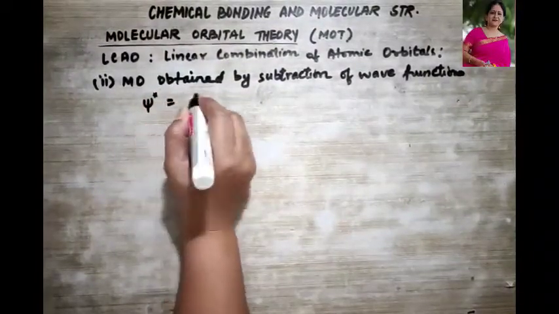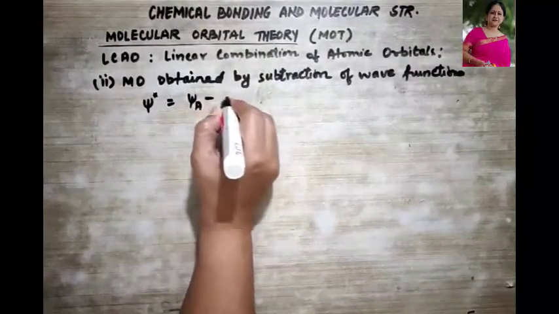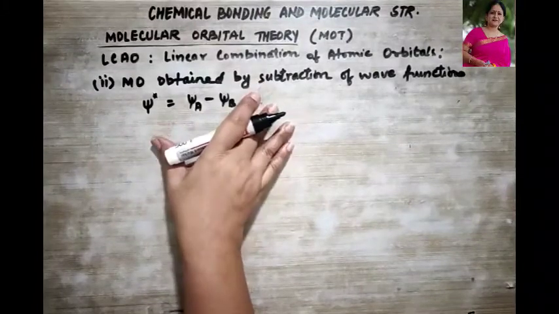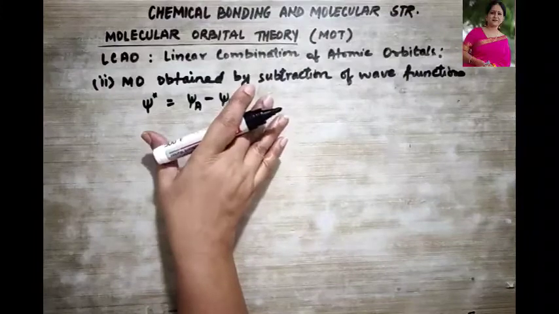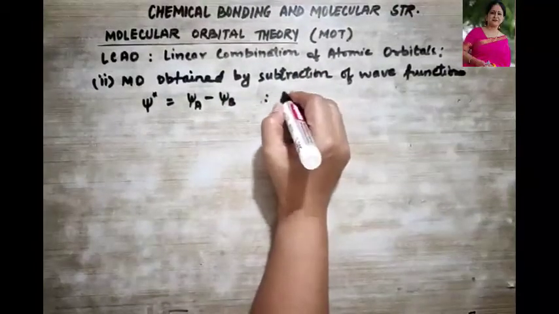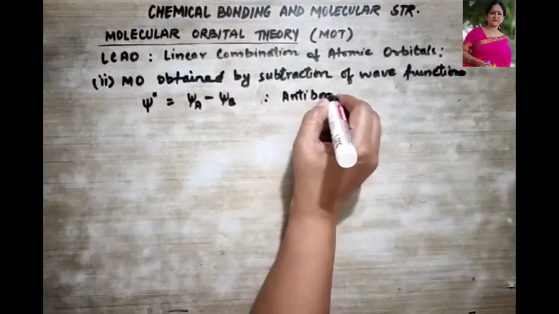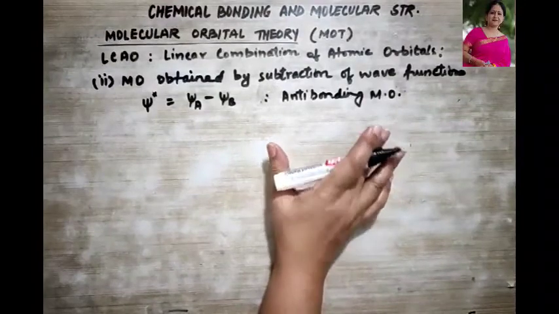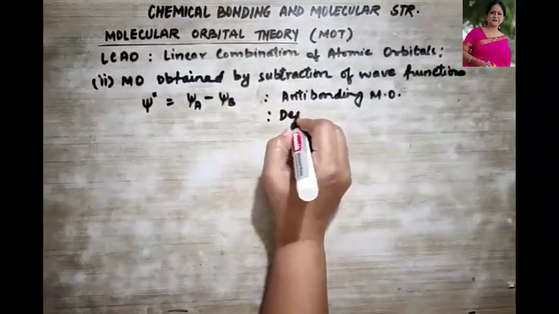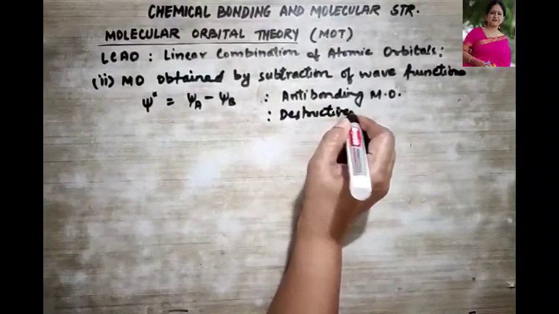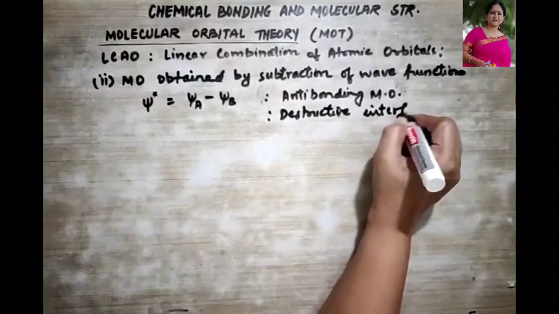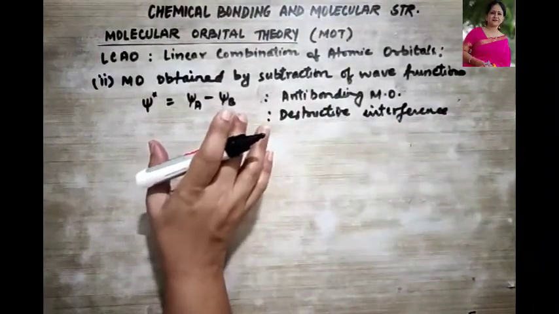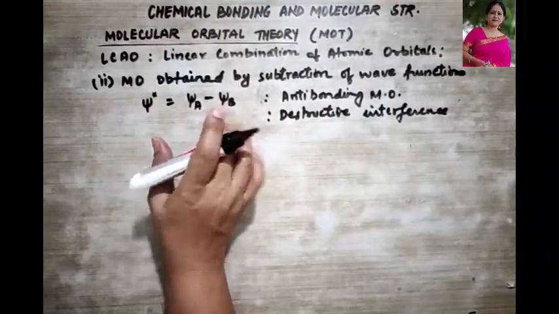So this will be equal to wave function A minus wave function B. This formation is called the anti-bonding molecular orbital, and this is also called destructive interference, right? The two waves are out of phase. They are not in phase now.